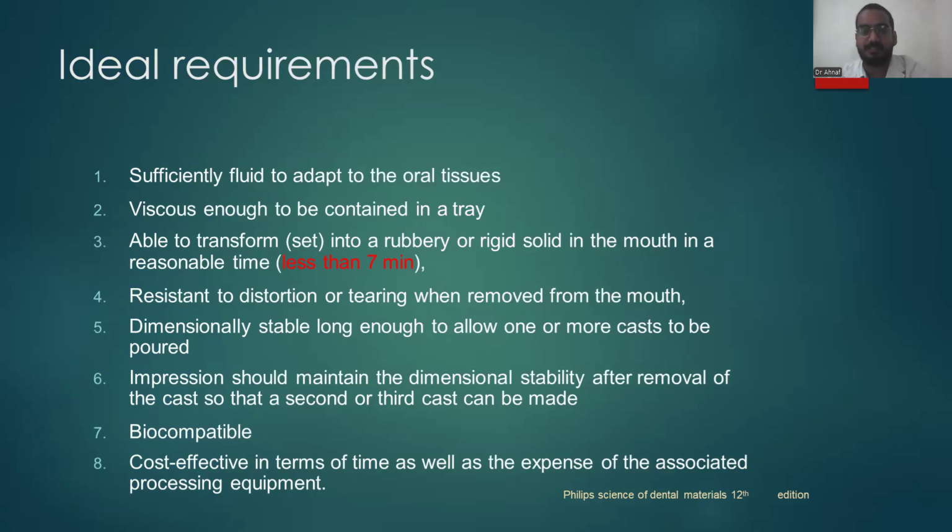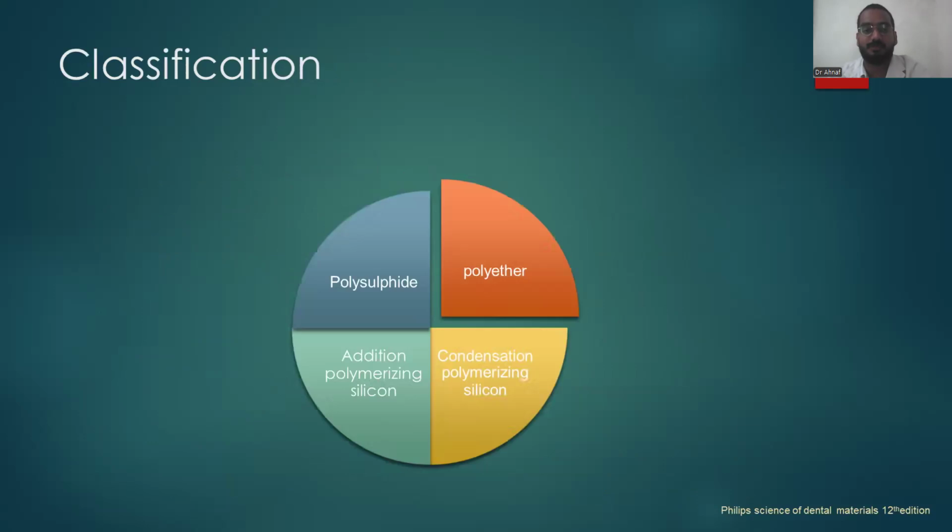It should be dimensionally stable long enough to allow pouring of one or more casts, and maintain dimensional stability after removal of the cast so that a second or third cast can be made. It should be biocompatible and cost effective in terms of time as well as the expense of the associated processing equipment.